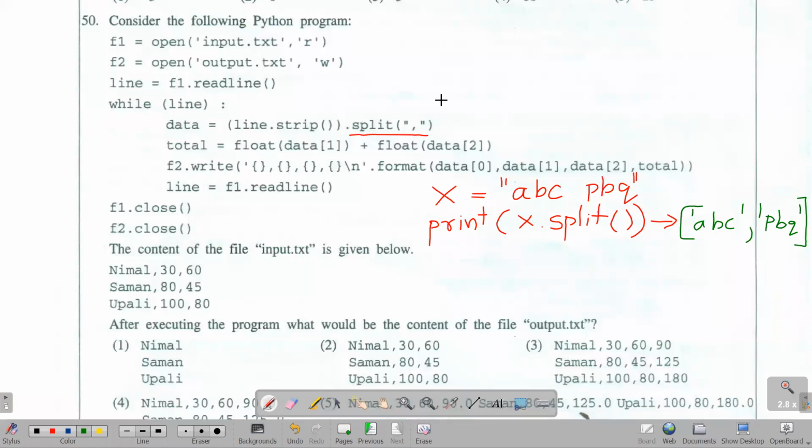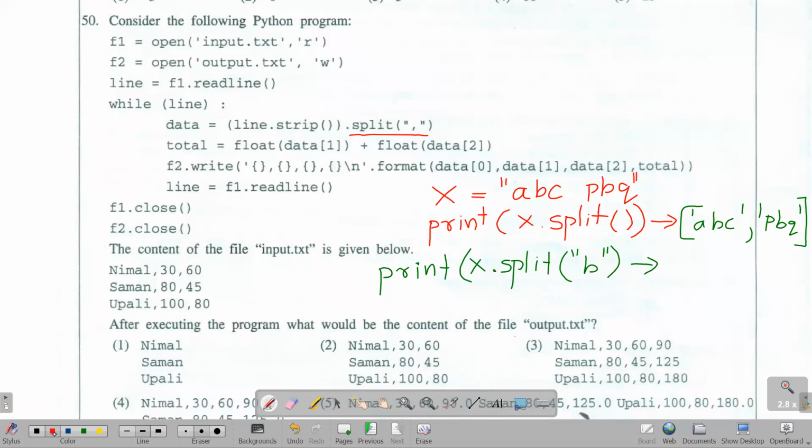if I ask to print something like this, print x dot split, and within brackets I'm specifying a character. I'm saying split it from B. So when I'm specifying a character, it's going to split it from that particular character.